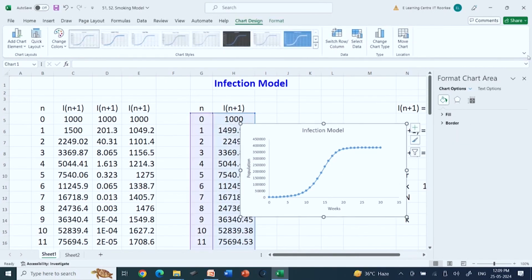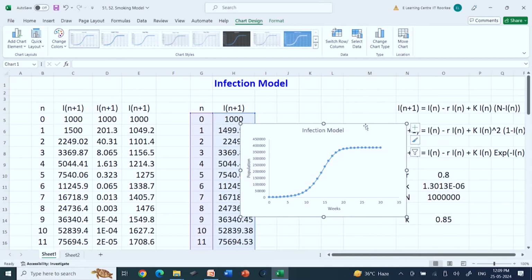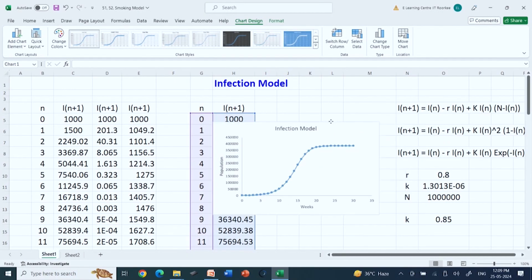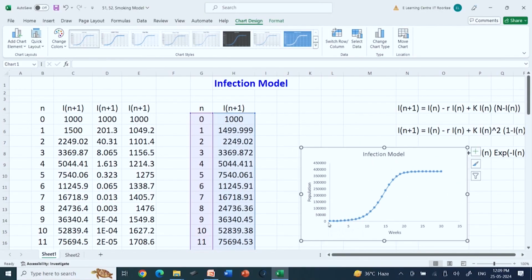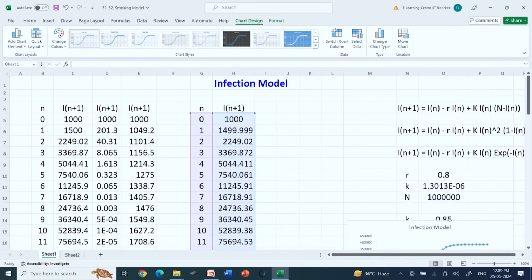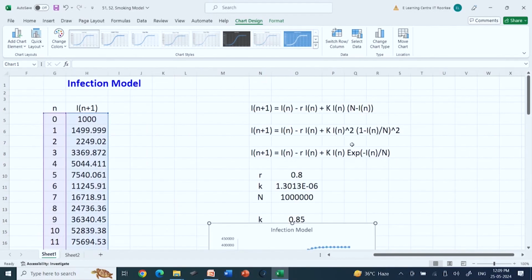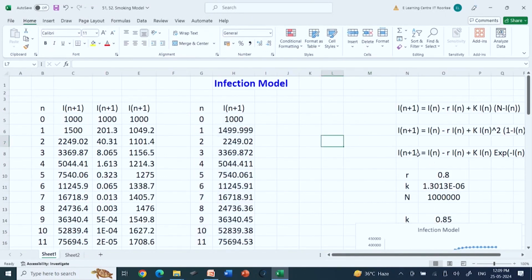So you can see that for this value of r, k and n, you get the model to be stable at n minus r by k. Now, what will happen if I take a different law? You can change the laws and you can play with the model.